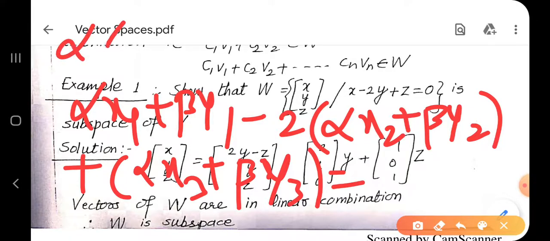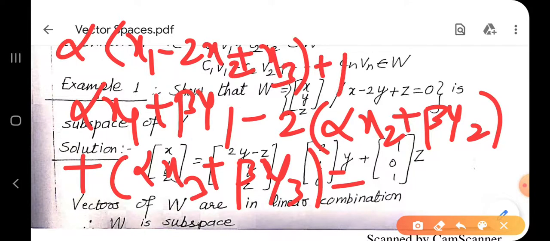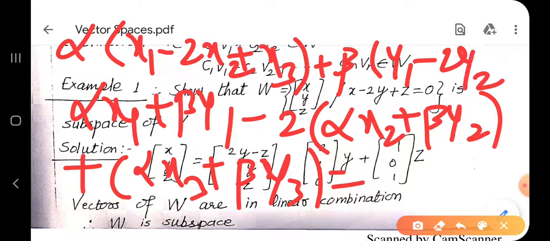So here alpha in bracket, what do I get? Tell me. x1 minus 2y1 plus z1, plus beta in bracket x2 minus 2y2 plus z2.